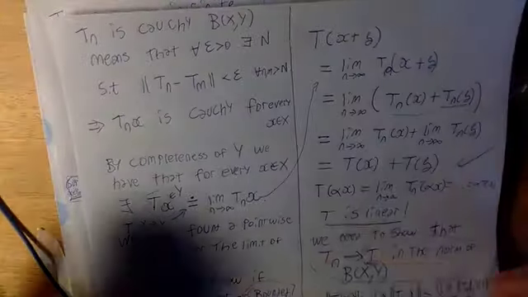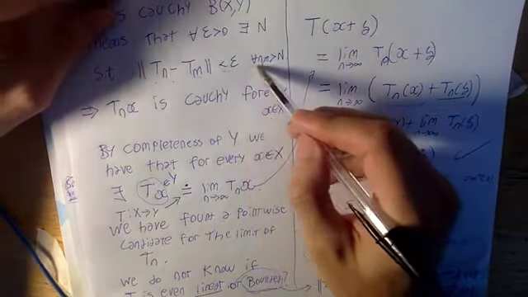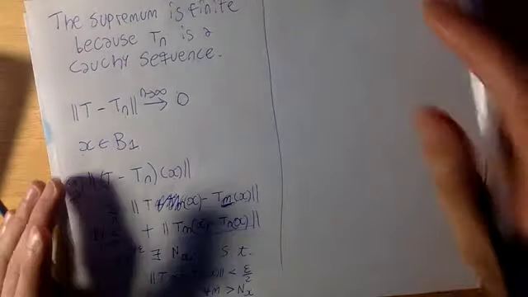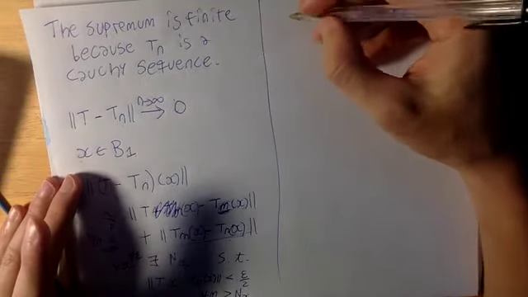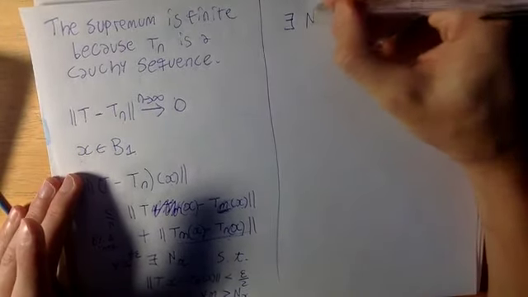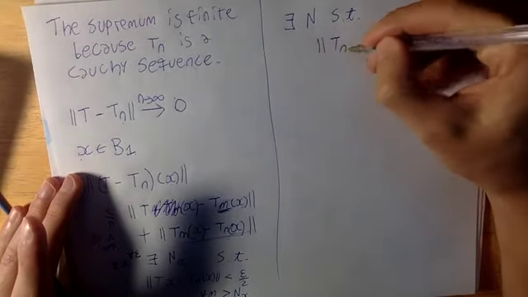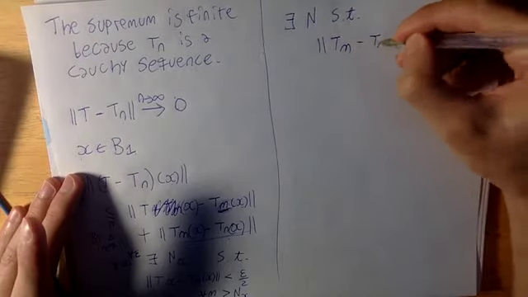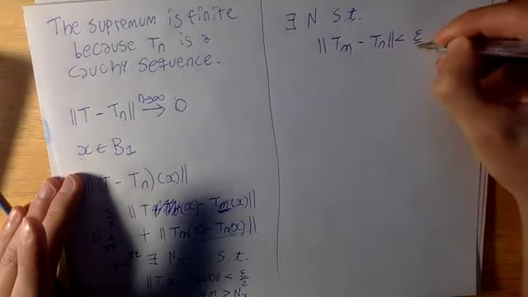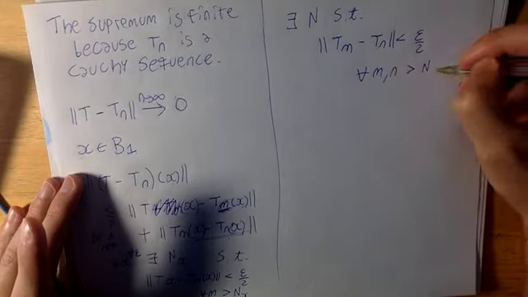So the Cauchy property says that ‖Tn − Tm‖ is less than epsilon for every n and m bigger than a single n1. So there exists an n such that ‖Tn − Tm‖ is less than epsilon over 2 for every m, n bigger than n.